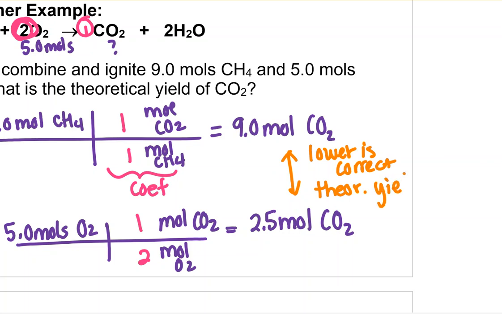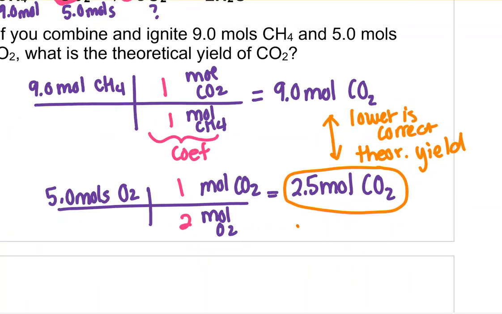The lower number is the correct theoretical yield, so it's this one. In this case, if I wanted to say the limiting reagent, again, it's the reactant that predicted the lower yield. So I would come back over here and it's the O2.